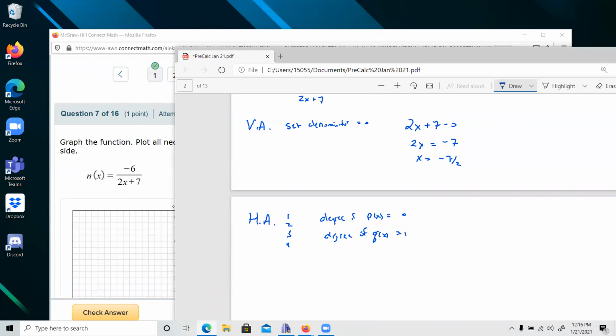P of x over q of x is the standard way of writing this. Since the top degree is smaller than the bottom degree, we have case 1, like we talked about yesterday. And we're going to have a horizontal asymptote at the line y equals 0.